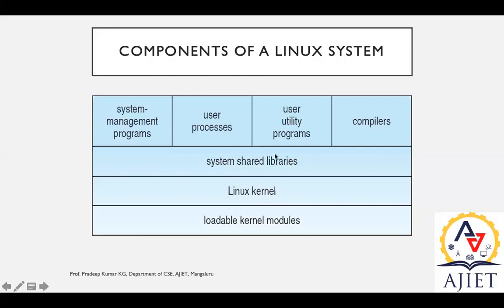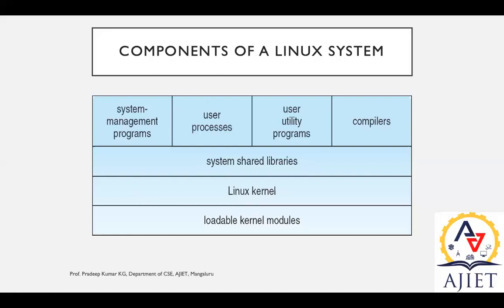Then we have system shared libraries. These are nothing but a set of functions, a set of components as system calls, and this shared library supports all the topmost components. So we need system calls to create or manage a file.